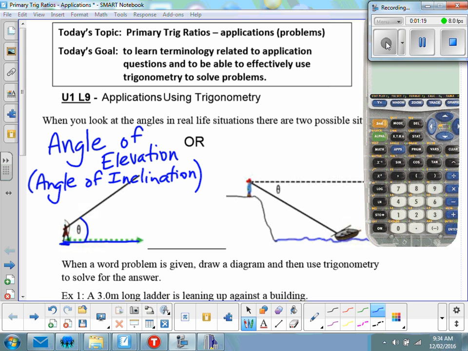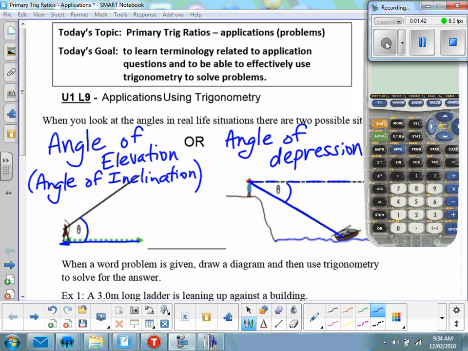If we've got a situation where the line is going down, so now we're finding an angle related to that line straight across. So this angle here is the angle of depression.